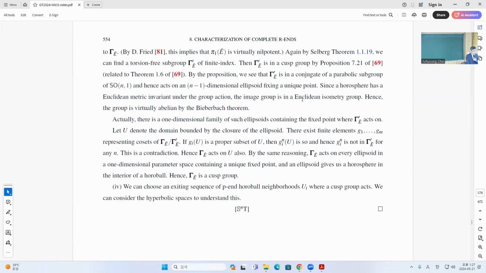And of course, this group has a Euclidean metric invariant under the group, so it's virtually abelian by the Bieberbach theorem. This is just to show that gamma tilde actually acts on this ellipsoid.